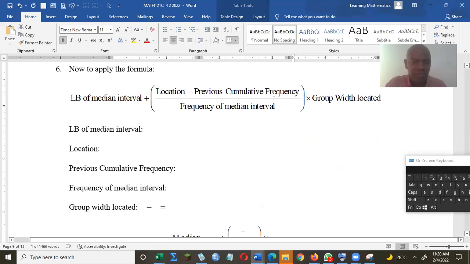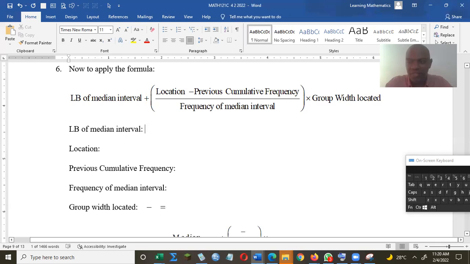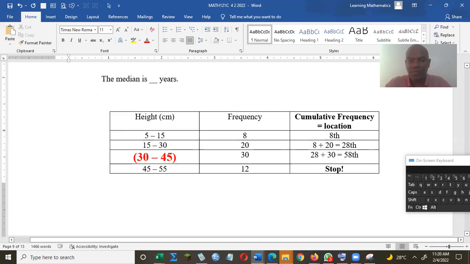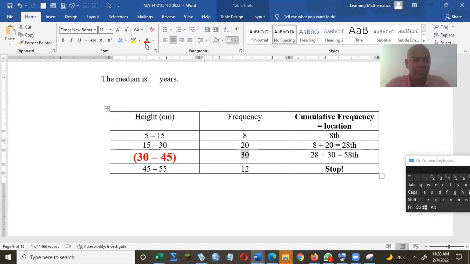To use this formula, we have to identify certain values. The lower boundary of the median interval. We got the lower boundary of the median interval to be 30. The upper boundary is 45. The frequency of the median interval is 30 also.